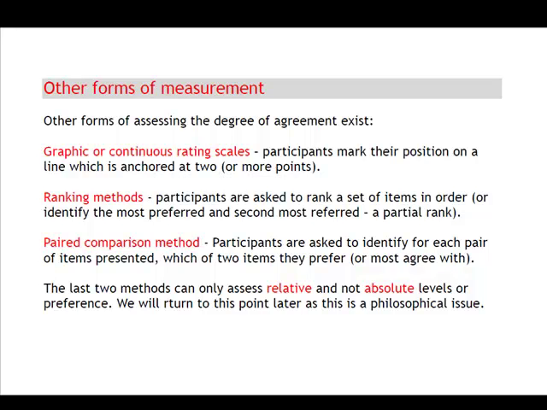The third way, which I'm going to talk about briefly, is pair comparison methods, where you have a set of objects and you form sets of pairs of those objects and ask which of these do you prefer, or which of these attitudes is stronger.